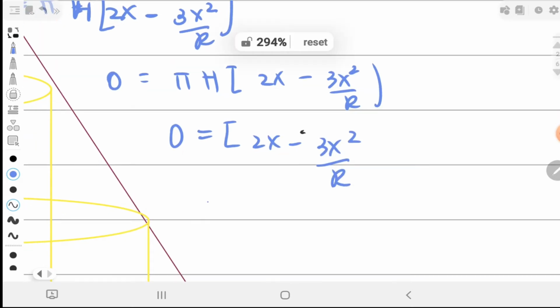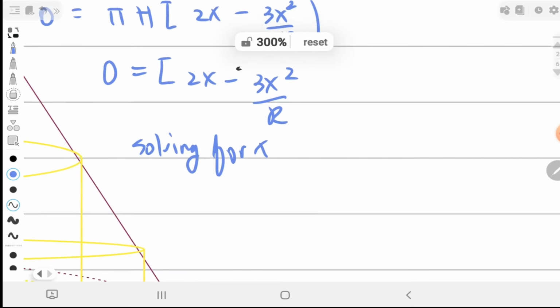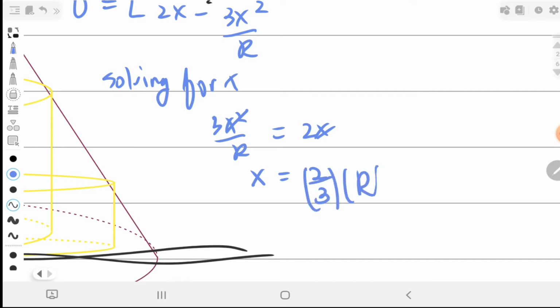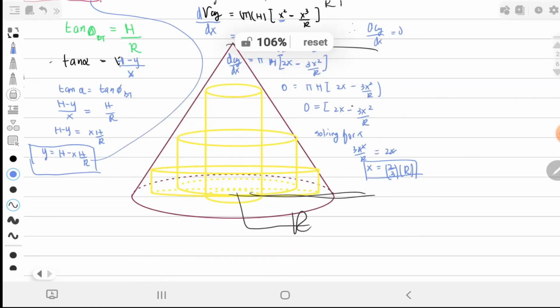So, solving for x, I will have a value equal to 3x squared over r is equal to 2x. So, from here, makakancel yung isang x dyan, matitira is x, so I will have a value equal to 2/3 multiplied by r. This is the value of our x. 2/3 siya ng ating radius.